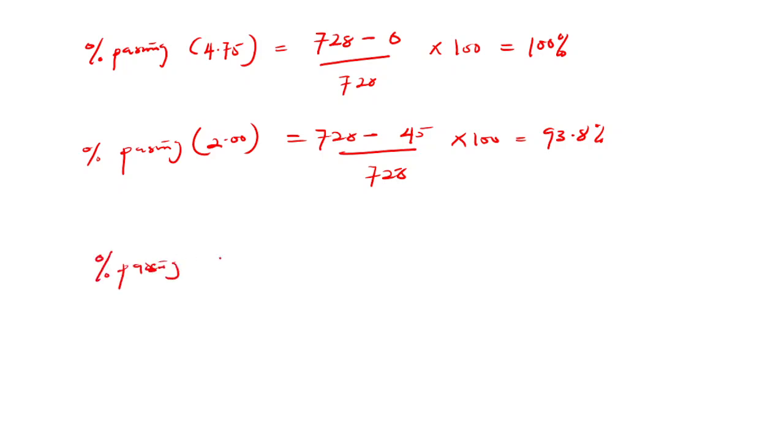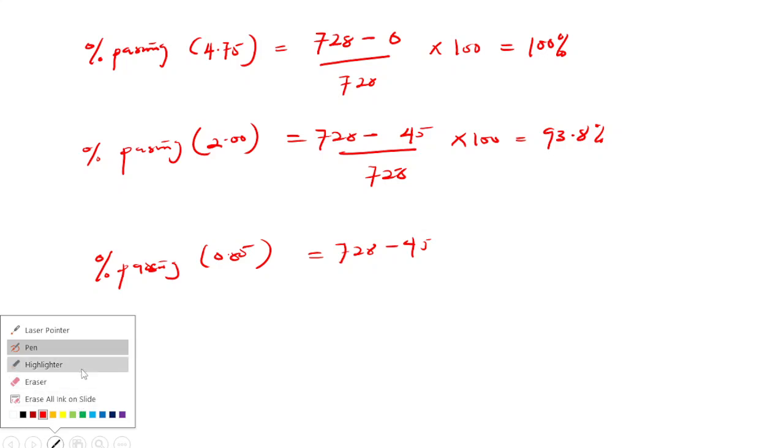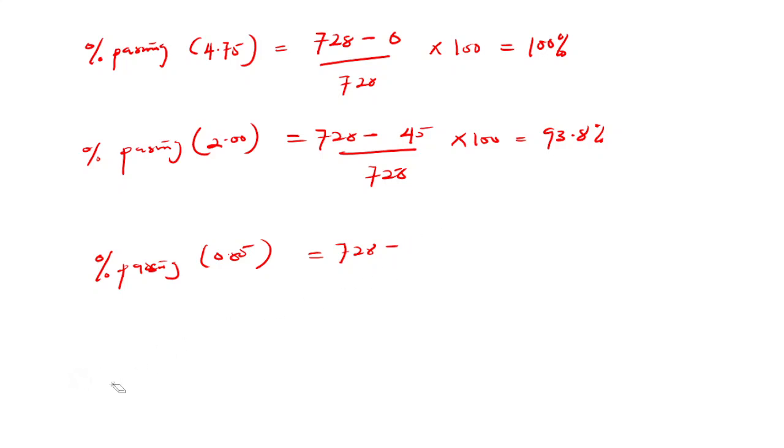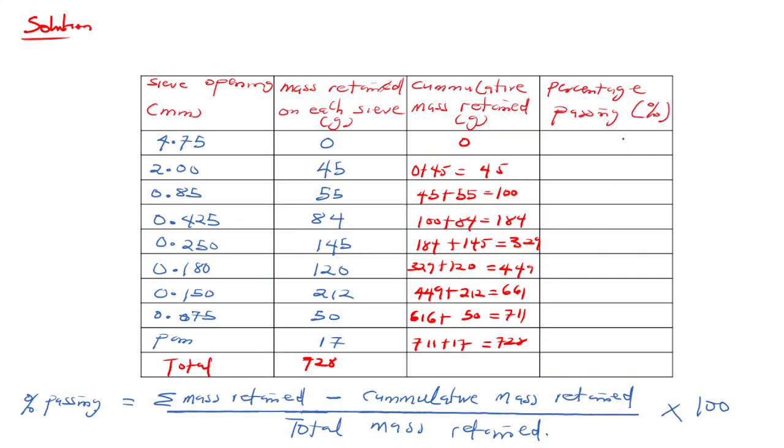So if we also consider the next sieve, 0.85, it is going to be 728 minus 100, all over 728 times 100. We are going to get 86.3%. So you continue that way for every one of the percentages.